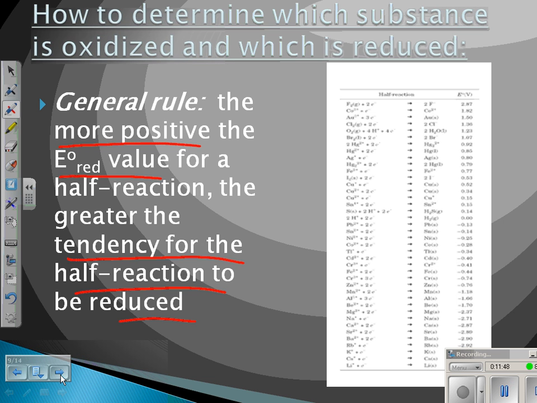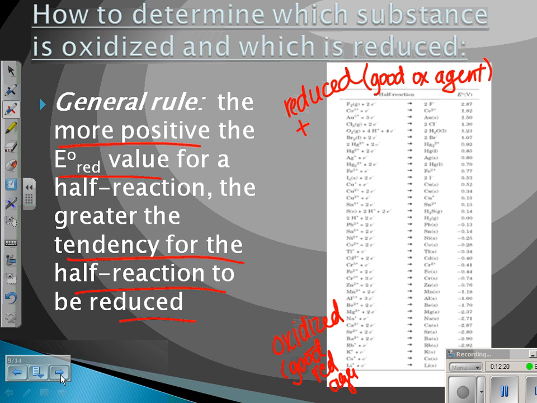So if you look at yours, I actually wrote it already for you, that these ones up here are most likely to be reduced, and these ones are most likely to be oxidized. It comes from the fact that these ones are more positive in their E red values, and these ones are more negative. And don't forget, if they're more likely to be reduced, then they would be good oxidizing agents, because that's the opposite. And if these ones down here are being oxidized, then they would be good reducing agents.